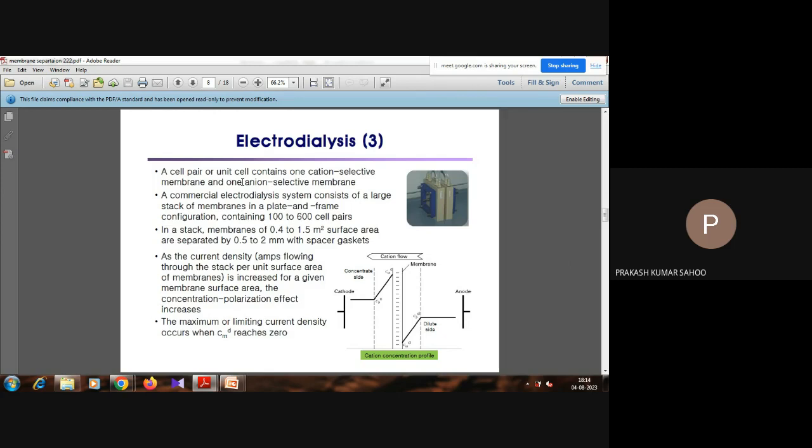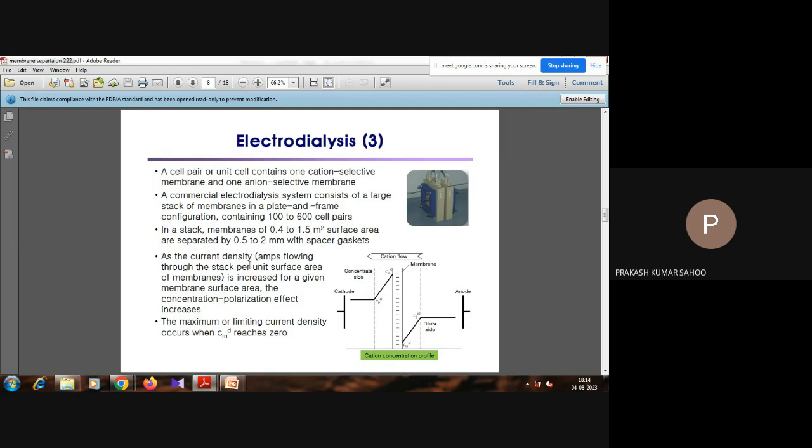Where a cation and anion with equal number are present. A commercial electrodialysis system consists of a large stack of membranes in a plate and frame configuration containing 100 to 600 cell pairs. Then in the stack, membranes of 0.4 to 1.5 meter square surface area are separated by 0.5 to 2 millimeter spacers with special gadgets.